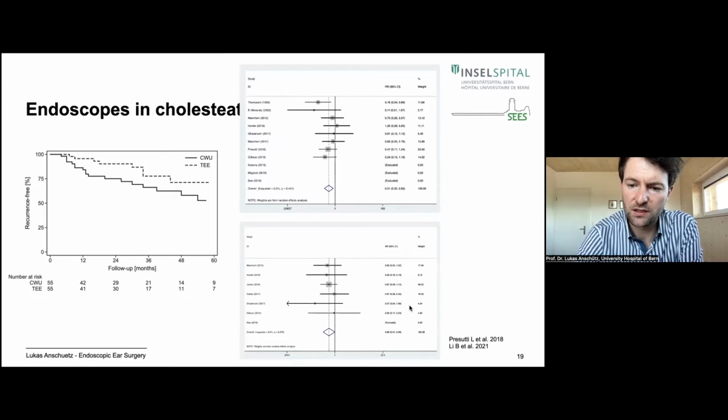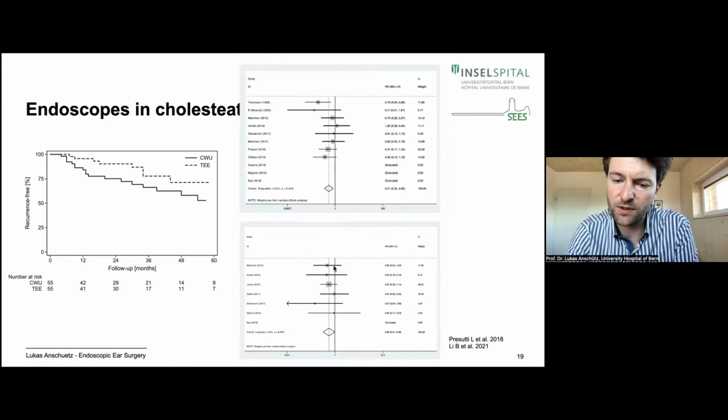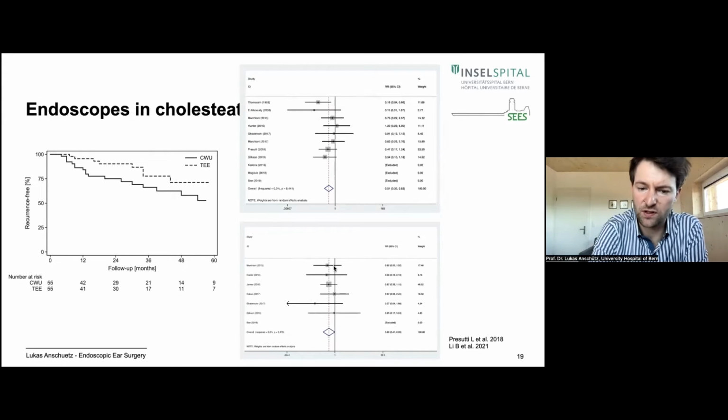And the second diagram is for the persistence of cholesteatoma. So if you forget a piece of cholesteatoma in the ear, of course, it will grow again. And you see also for the persistent cholesteatoma, the endoscopic technique seems to have some advantage.